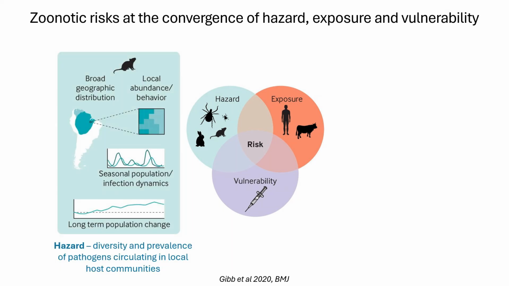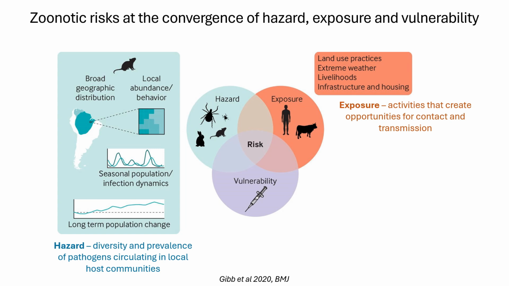So on the hazard side, we can think about hazards as emerging from the diversity and prevalence of pathogens that circulate within local host communities, and so their geographic distributions in broad terms, as well as their local abundance and behavior of hosts, spatial and seasonal population and infection dynamics of reservoir hosts and pathogens, as well as long-term population change in hosts, all of which can shape changing hazards.